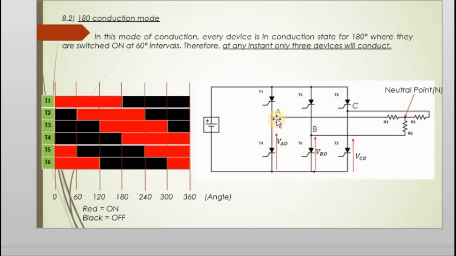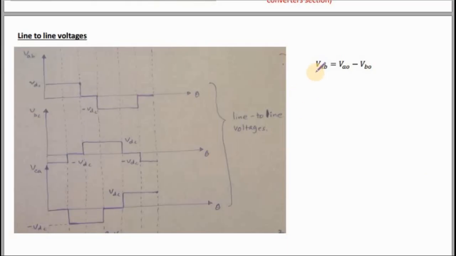All you need to do is subtract VBO from VAO. So VAB is equal to VAO minus VBO, right?